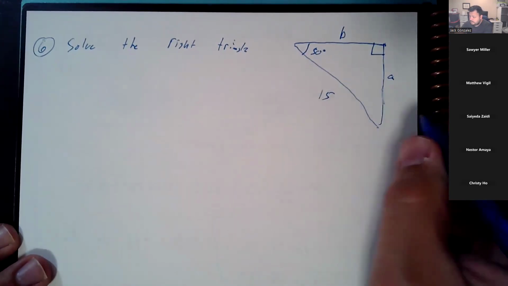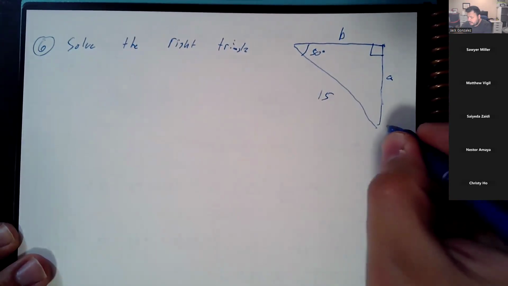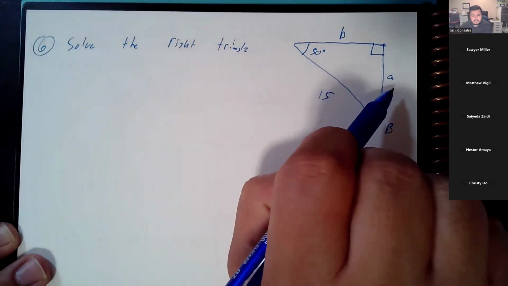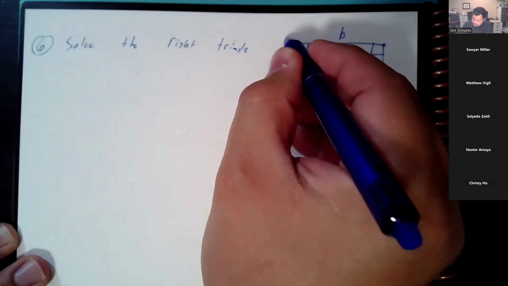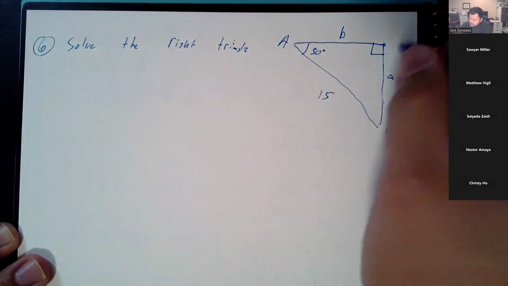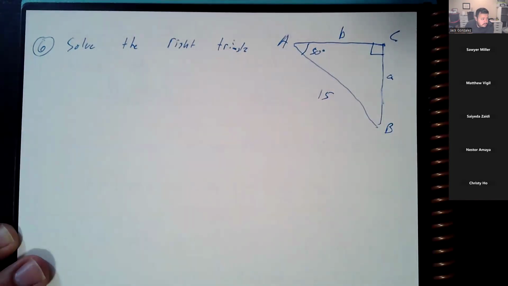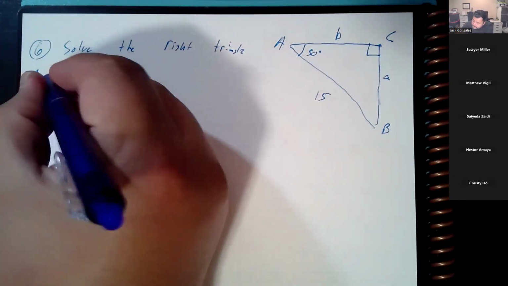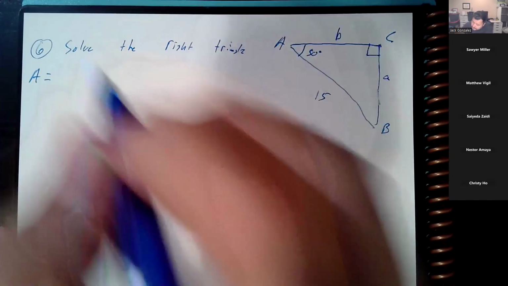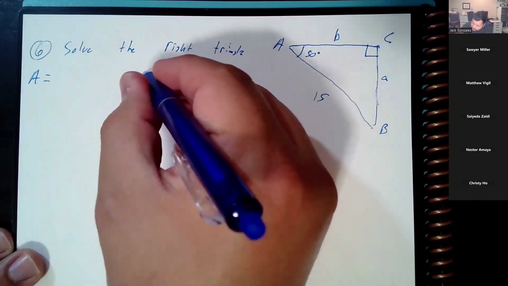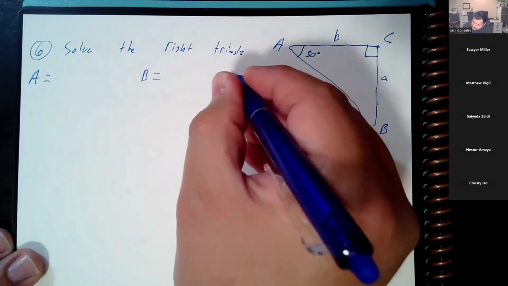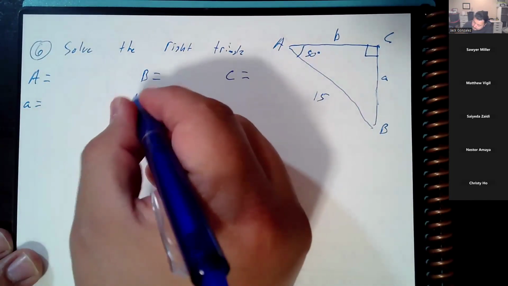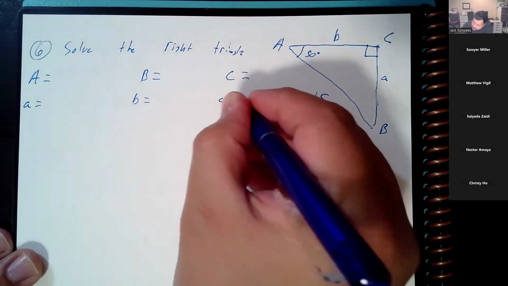A rule of thumb is that capital B is opposite to little b and vice versa. So little a would be opposite to capital A over here. And C in this case tends to be the right angle. So what are A, B, C, and lowercase a, b, c?